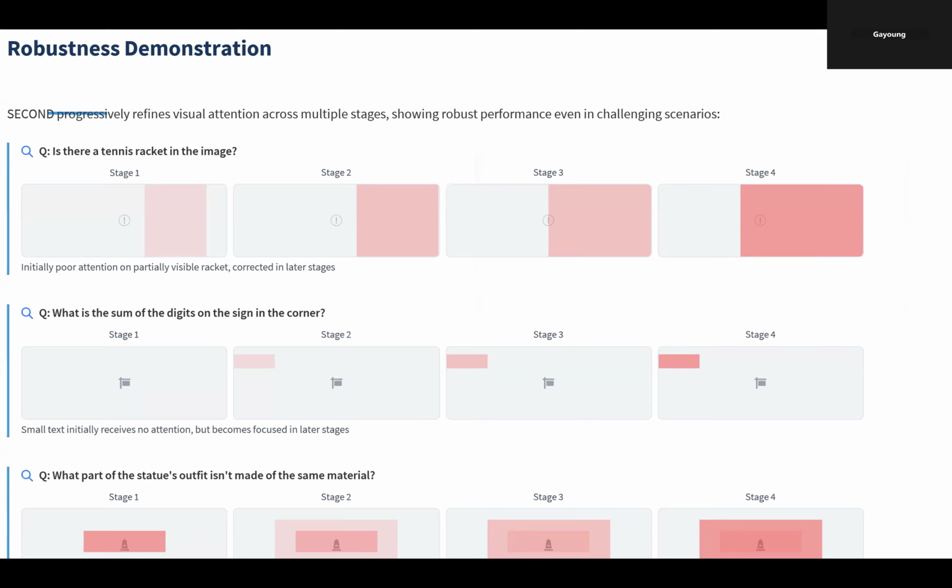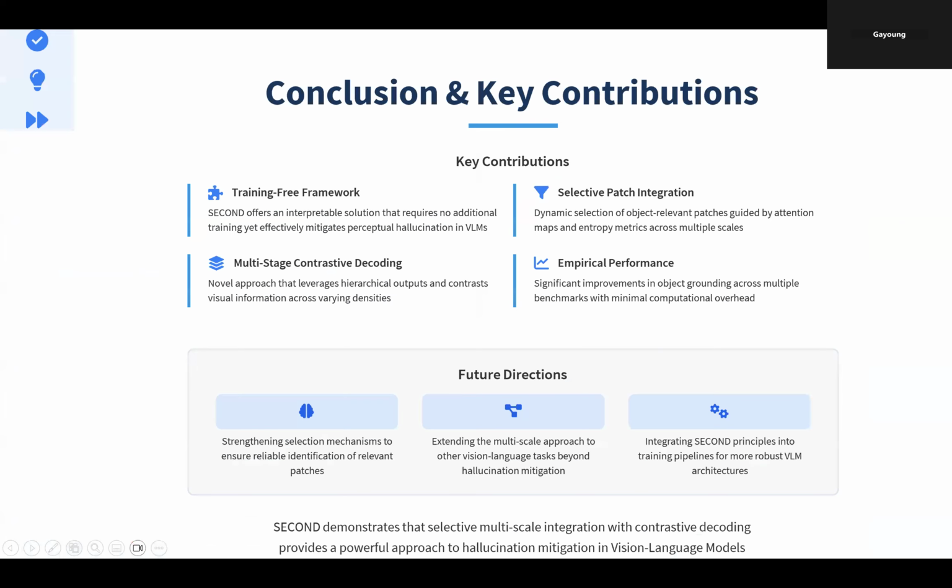But basically, they tested giving images in more difficult situations and asking, is there a tennis racket in the image? Or what is the sum of the digits on the sign in the corner? Things like this. I think they successfully answered, or maybe there was some problem here. I will give you more information later.